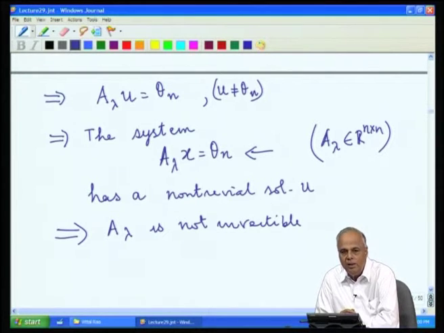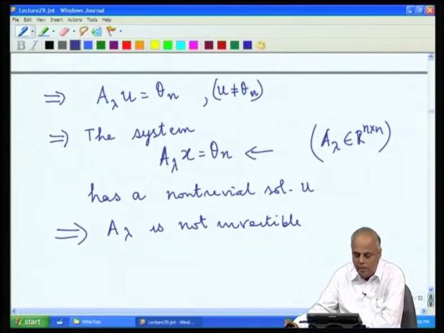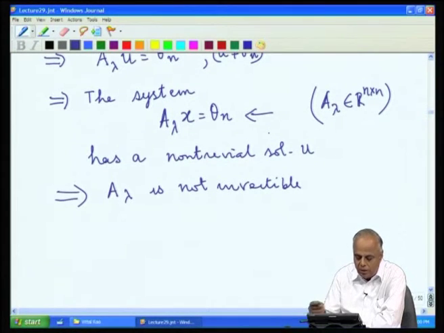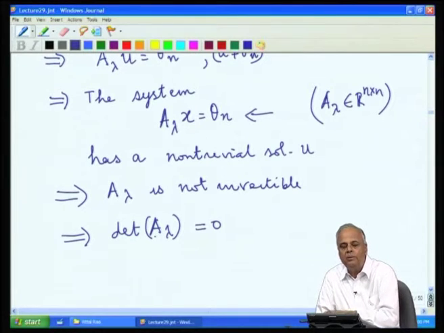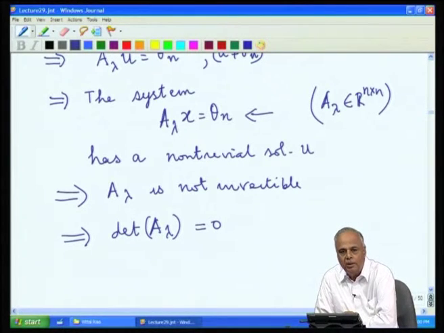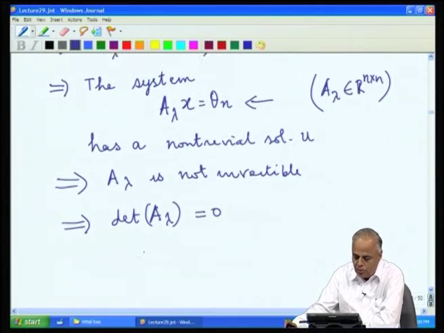Therefore, in order that the system has a non-trivial solution, A lambda must not be invertible. We know that a matrix is invertible if the determinant is not 0, so the determinant must be equal to 0.